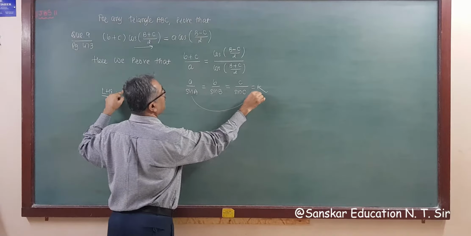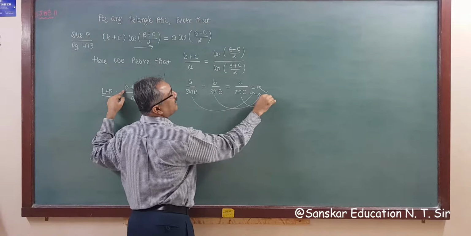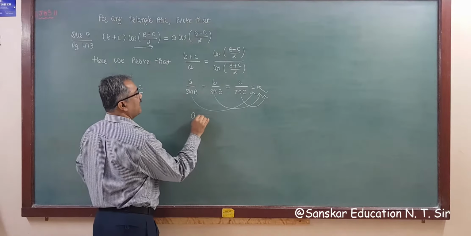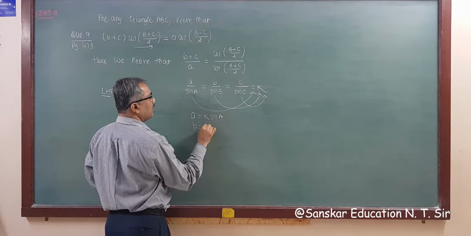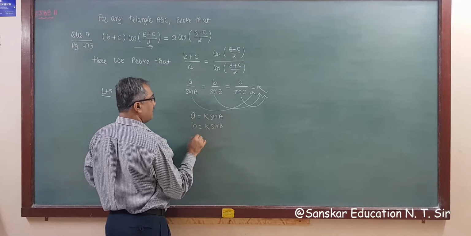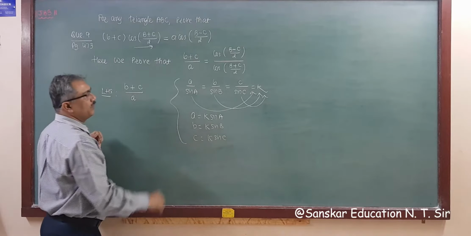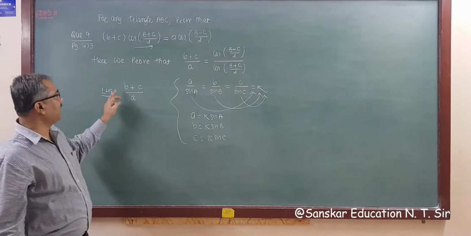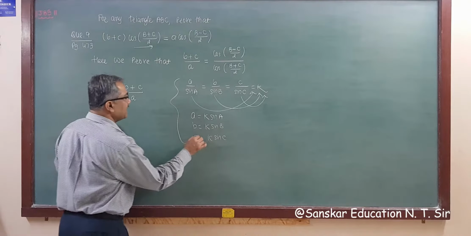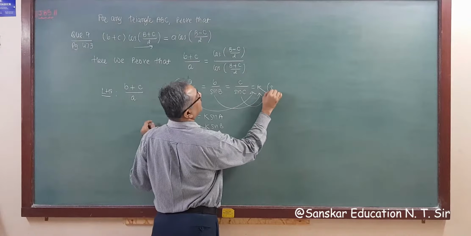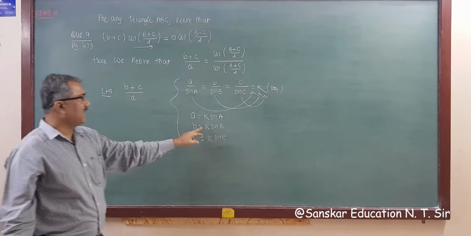So a is equal to k sine a, b is equal to k sine b, and c is equal to k sine c. This you know using sine formula.